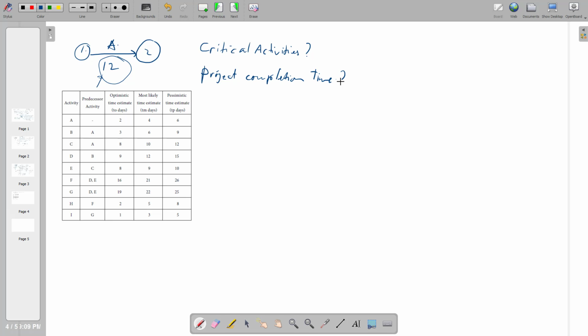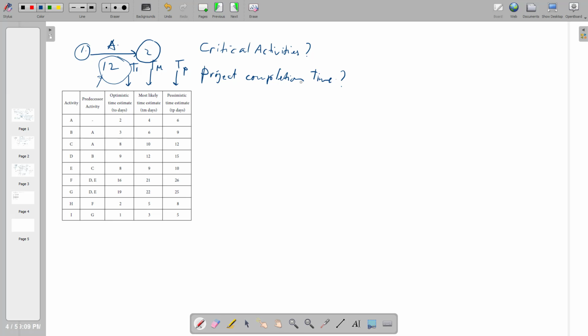So different from the assignment before, instead of having one type of duration, you will have three: the TO, the TM, and the TP, the pessimistic time.